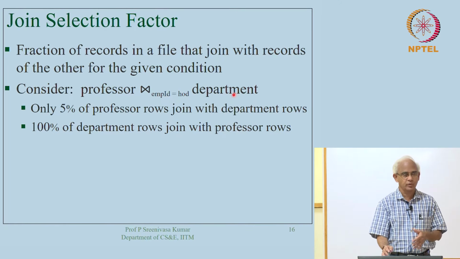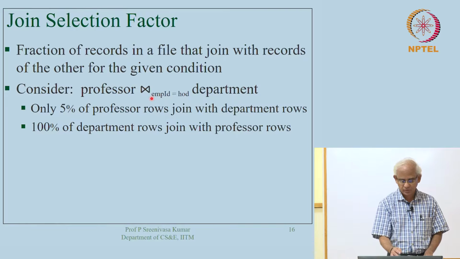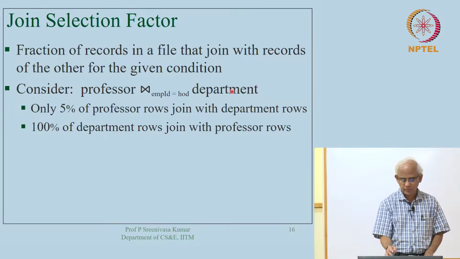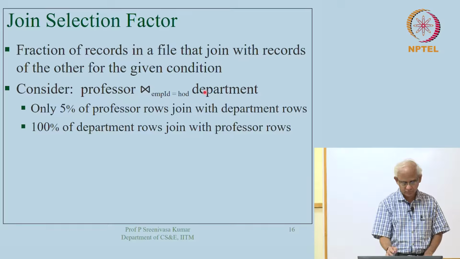The details of the employee are there in the professor table. So, we want to do an equijoin with professor employee ID equals HOD as the join condition, so that for each department, we can pick up details about the head of the department from the result of the join.